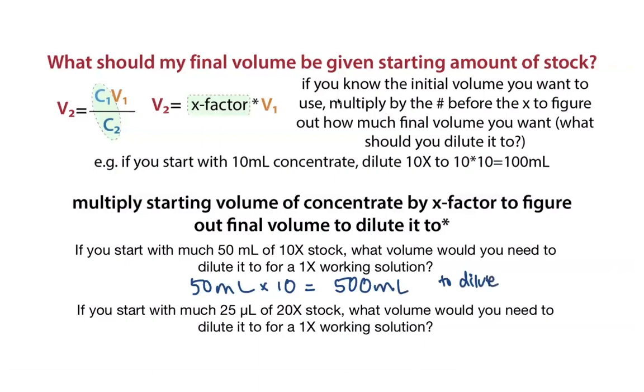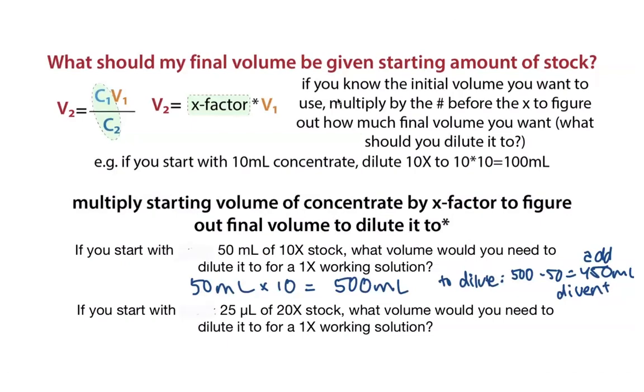That's our total volume, remember? So we need to add 500 minus 50 equals 450 mils of our diluent, basically your water, your buffer, whatever that is. You would add that amount to your 50 mils.